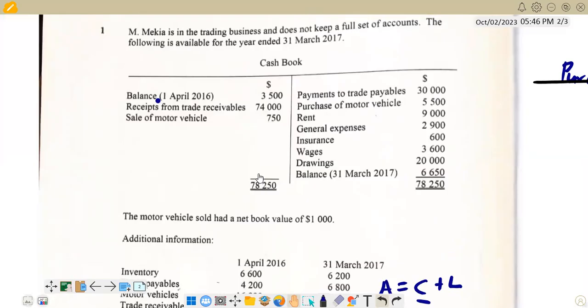And at the beginning, this figure 3,500 is the figure for cash and bank at the beginning of the year. So we are going to start with that figure, and then after that, we are also going to list some figures beneath that. So let's start by entering that in our statement of affairs. That is our cash and bank, 3,500.